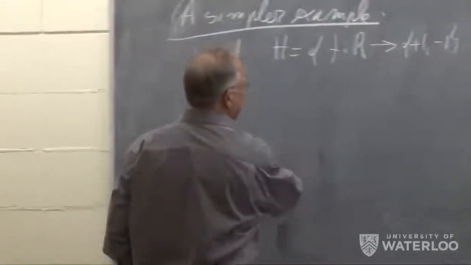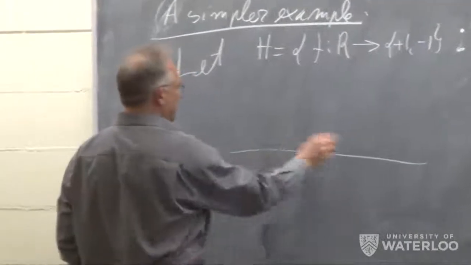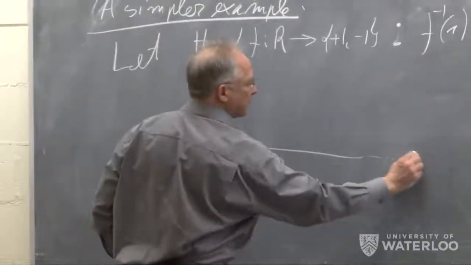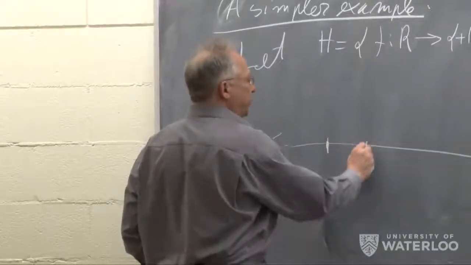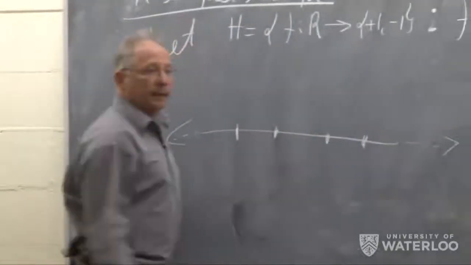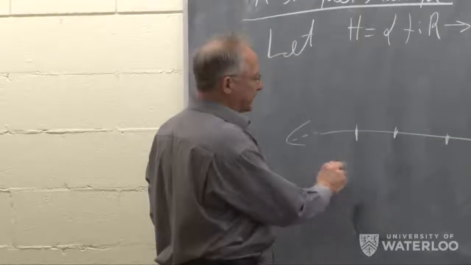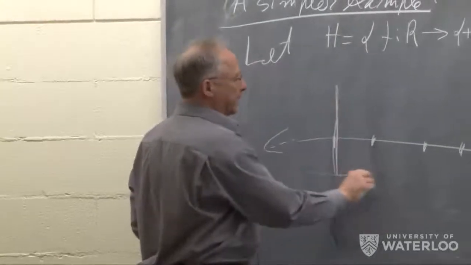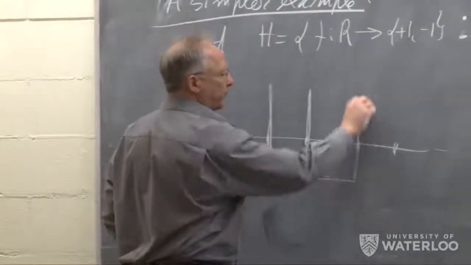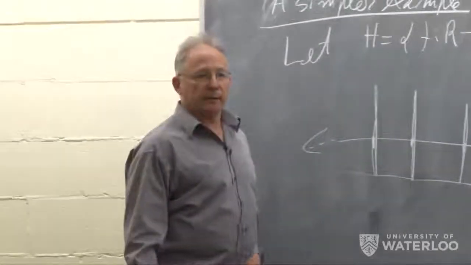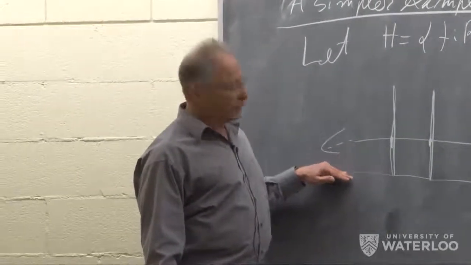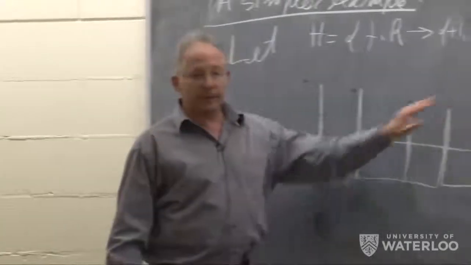Or in other words, here is the real line. I pick finitely many points, and I look at the function that is minus 1 everywhere, except for those finitely many points. That's how my function looks. It's minus 1 everywhere, and it's 1 only on finitely many points.